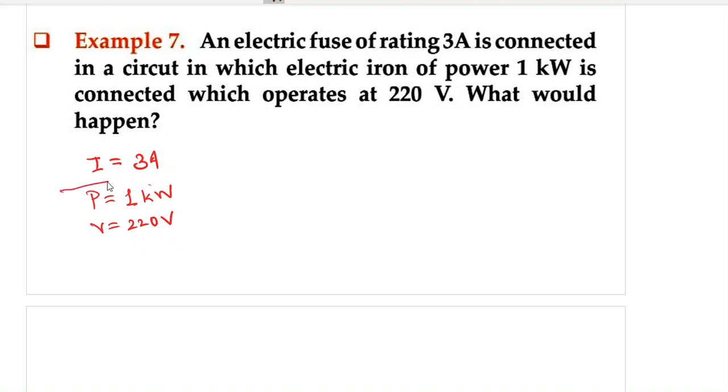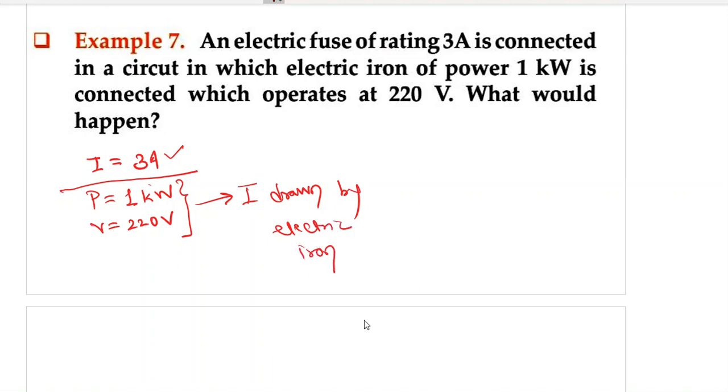Now see, these two things are absolutely different. They have given you power and voltage of electric iron, and they have given you the safe limit of current which is allowed in the circuit in which this electric iron is connected. So what we have to find is, using power and voltage, we have to find the current drawn by electric iron, right?